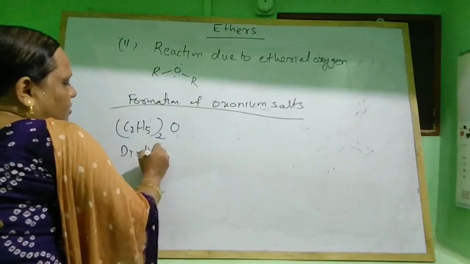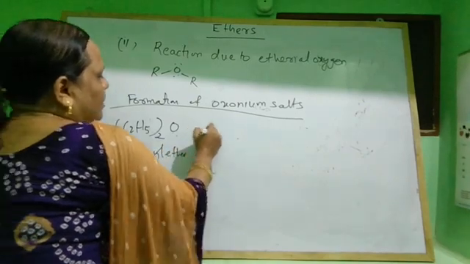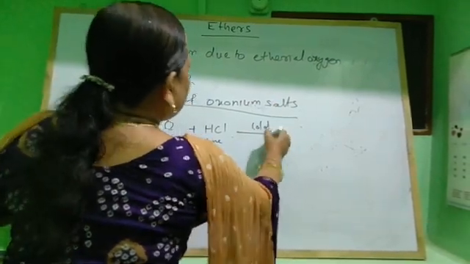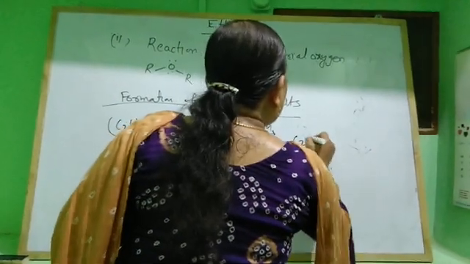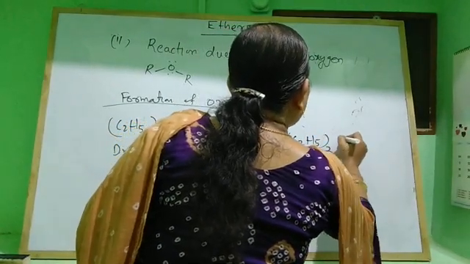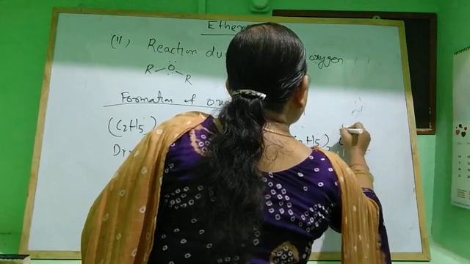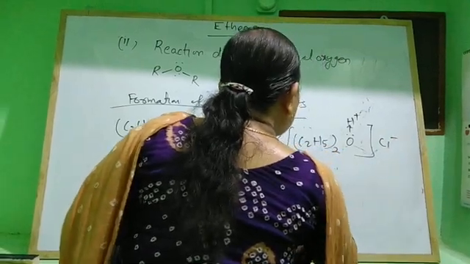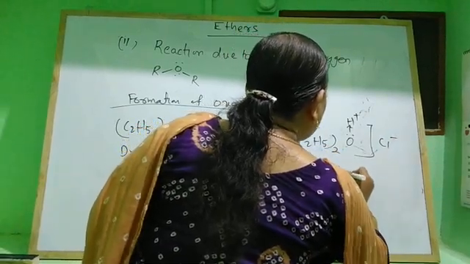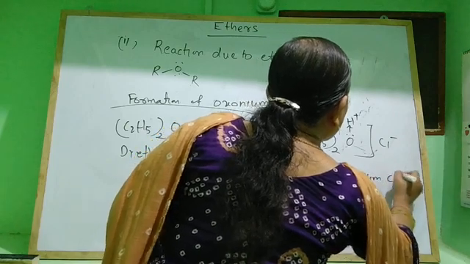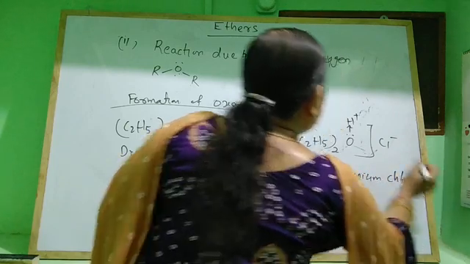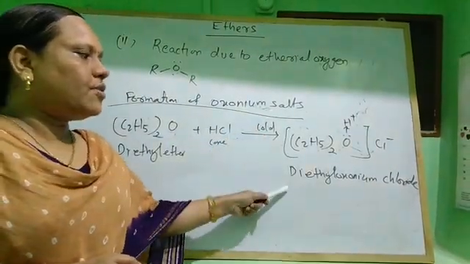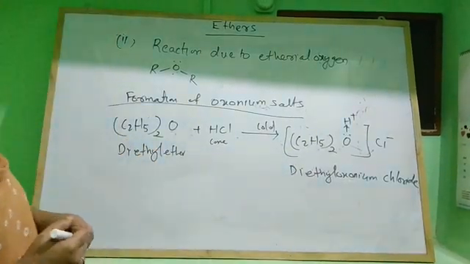Diethyl ether reacts with concentrated hydrochloric acid in cold condition to form diethyl oxonium chloride, with H plus Cl minus. So ether reacts with concentrated hydrochloric acid in cold condition to form diethyl oxonium chloride.